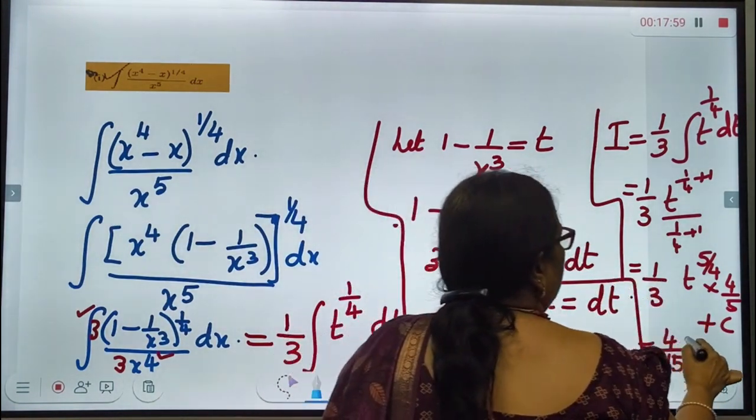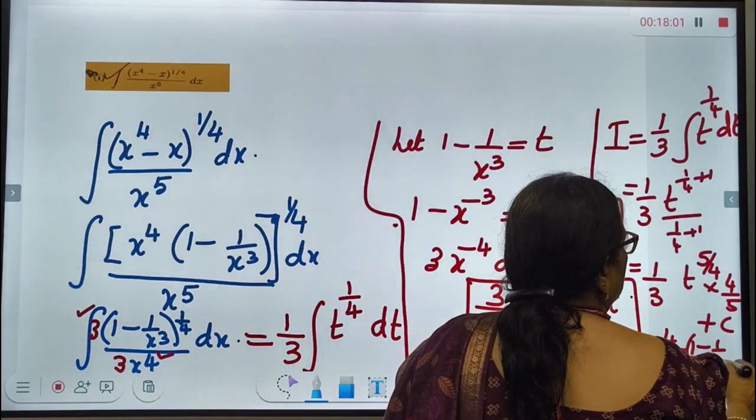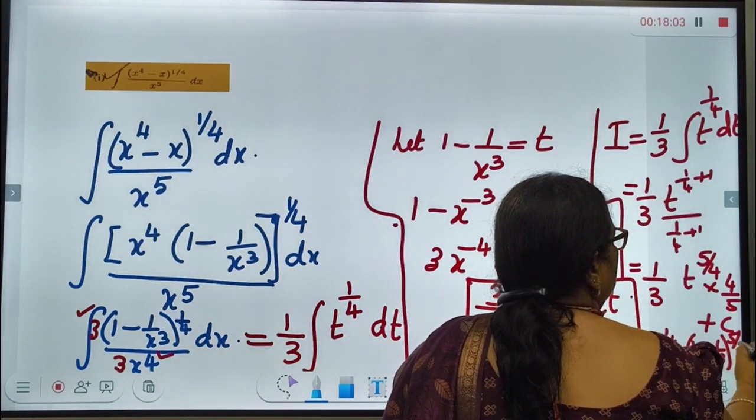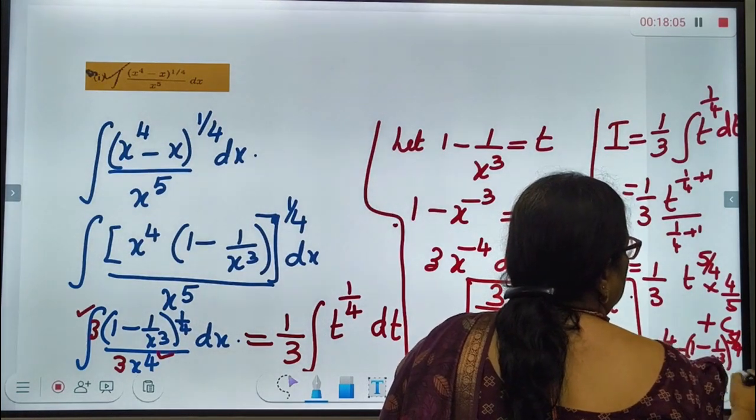What is t? 1 minus 1 by x cube to the power 5 by 4 plus c.